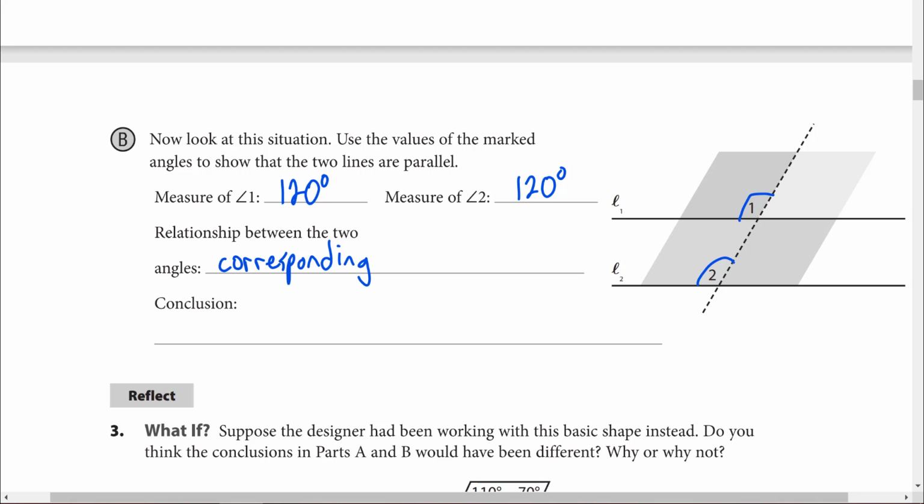If they're congruent, which in this case they are, we can say that our lines are parallel. So line 1 is parallel to line 2 by the converse, because we're starting with the angles. Converse just means reversed or opposite. Converse of the corresponding angles theorem.